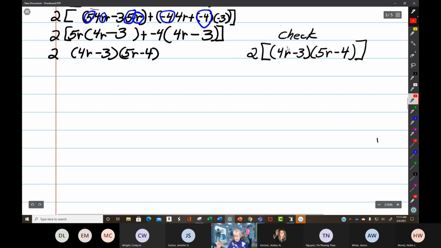So 4R times 5R, 4R times minus 4, minus 3 times 5R, minus 3 times minus 4. And I'm using minus instead of negative because they are minuses, and I don't want you confused.